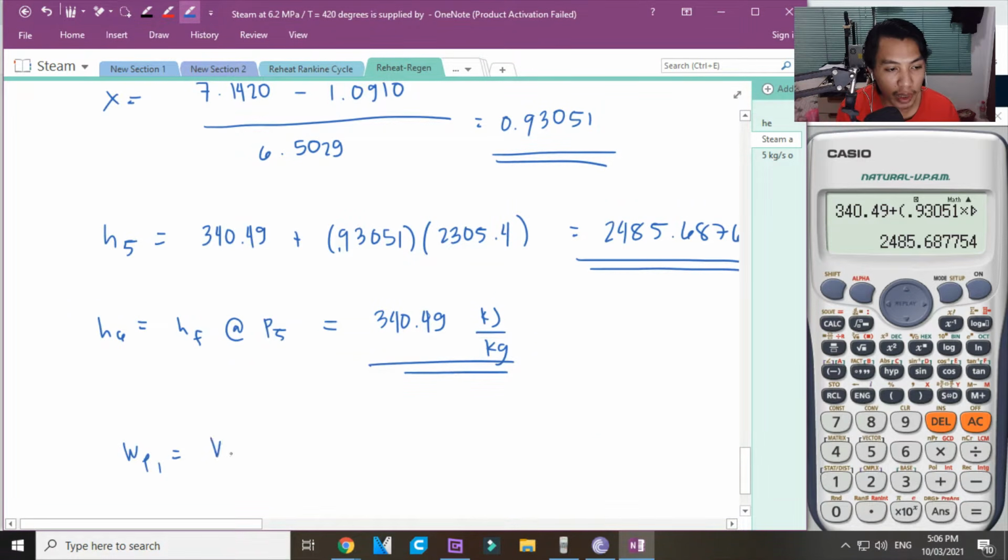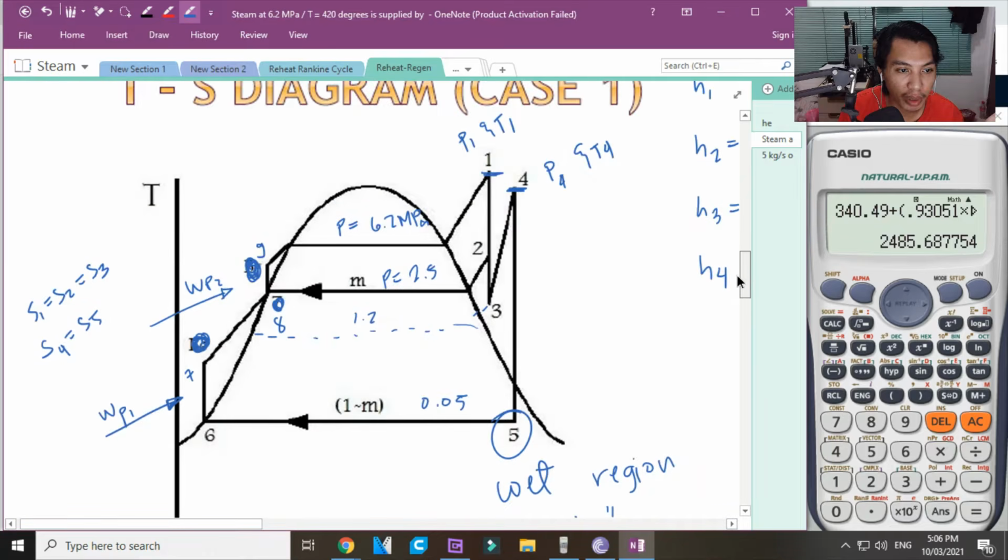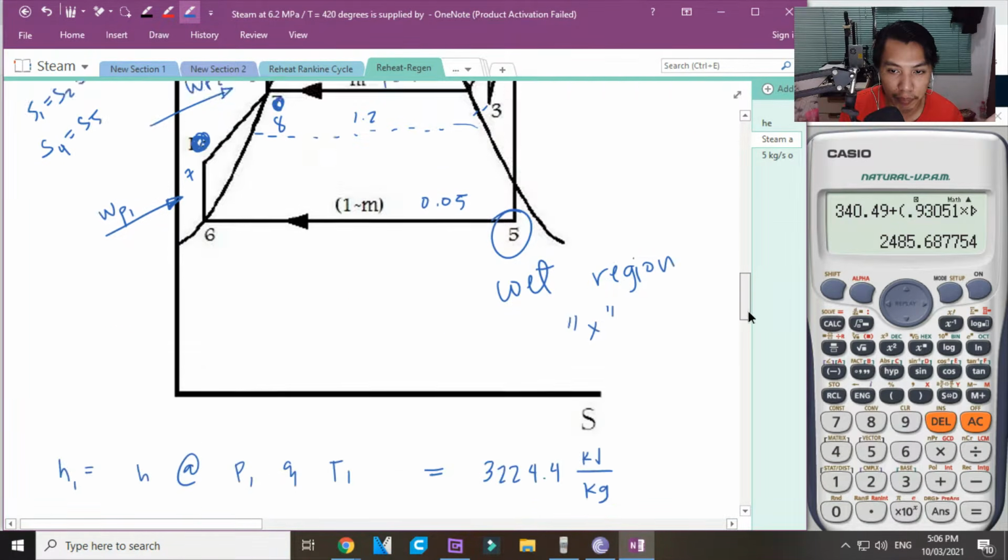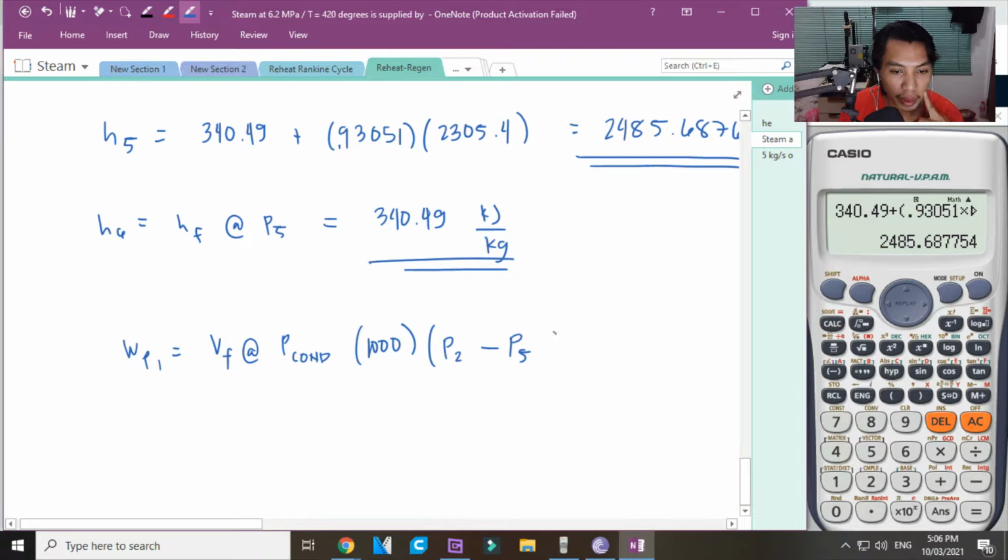That is equal to VF at P condenser, multiplied by 1,000, times the pressure it is raised to, the open heater pressure, 2.5 minus 0.05. VF is 0.00103 meter cube per kilogram.